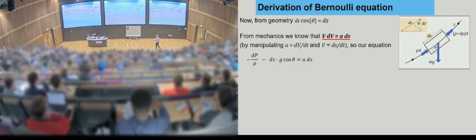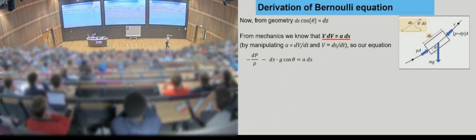From mechanics, we know that v dv is equal to a ds. You can prove this to yourself just by manipulating dv/dt and ds/dt, and you end up with this. It's a very useful substitution.